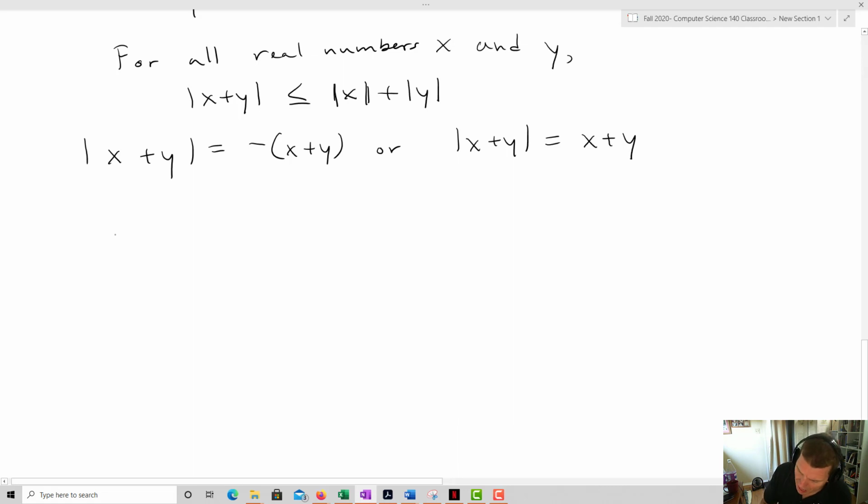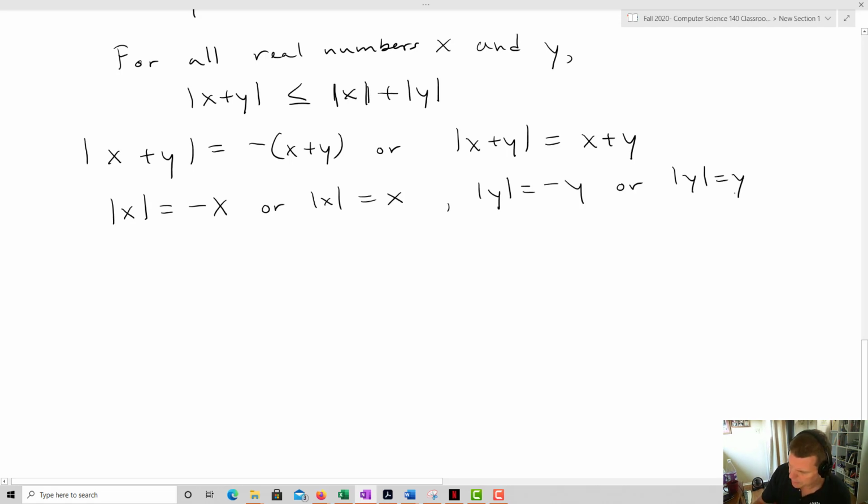In the case of the absolute value of x, the absolute value of x could equal negative x, or it could equal x. Okay? And we could also have that the absolute value of y could equal negative y, or it could equal y.